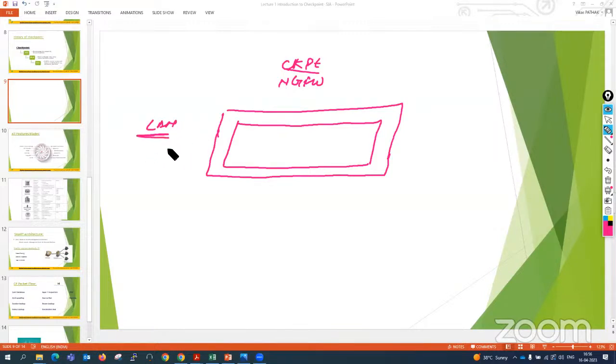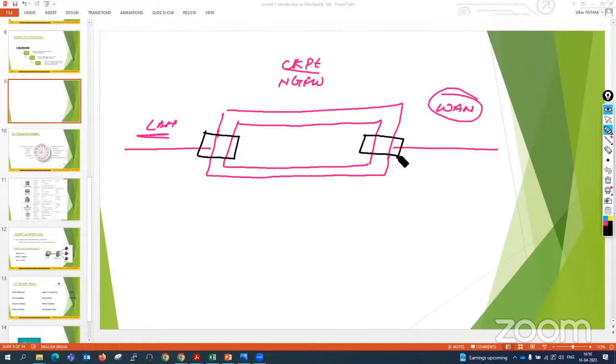The left side will always be LAN and the right side will be WAN. This is my Checkpoint firewall, this will be my inside interface, correct or not? And this will be my outside interface, correct? Understood till here?